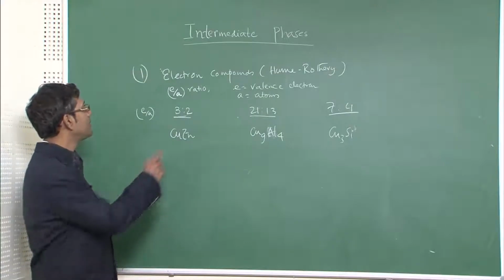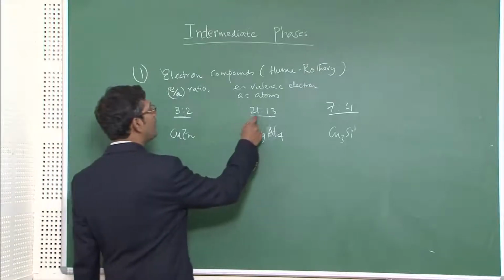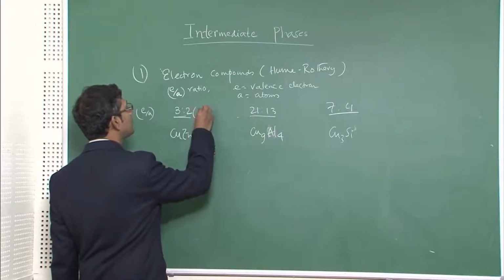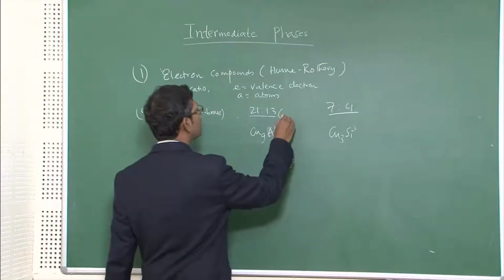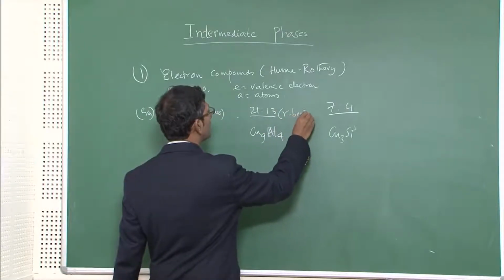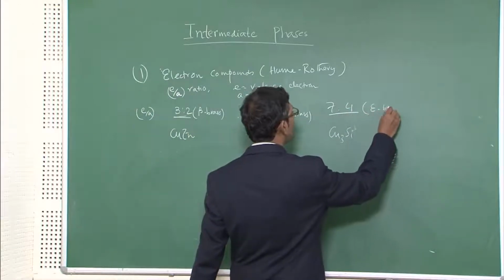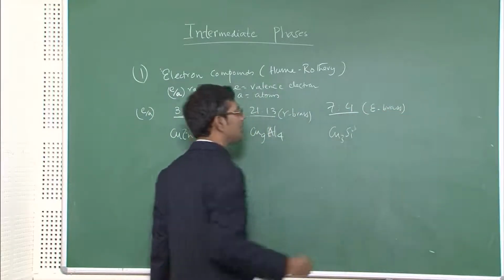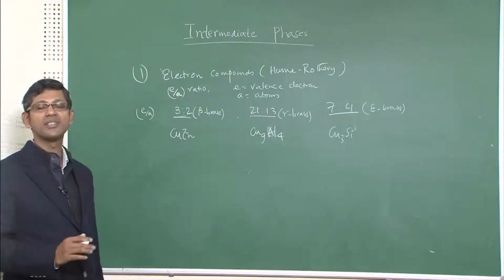Specifically 3:2 is known as beta brass, 21:13 is known as gamma brass structure, and 7:4 is known as epsilon brass structure. Okay. And therefore, they do exist in the copper zinc phase diagram.